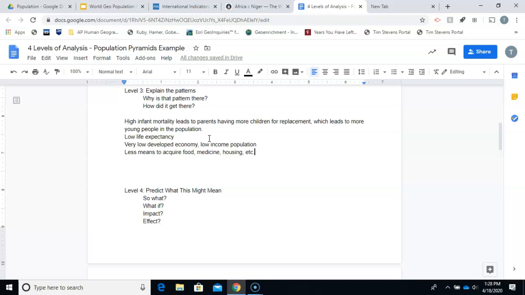And so you have people that are not as healthy as they could be. They're doing more stressful, more arduous work, and therefore it leads to earlier death. Or it also might lead to diseases killing them that otherwise may not happen in other more developed countries. So we have to think about these things as we go along.